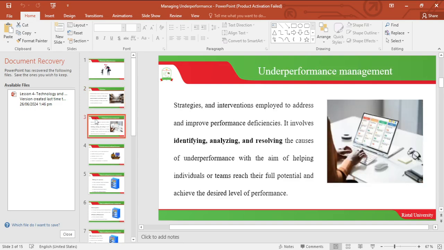Management of underperformance is basically the strategies or interventions employed by the organization to make sure that issues to do with underperformance are identified at an early stage, analyzed, and resolved.